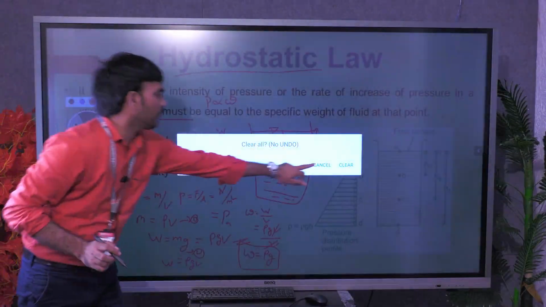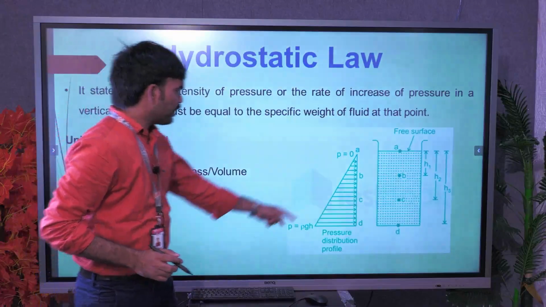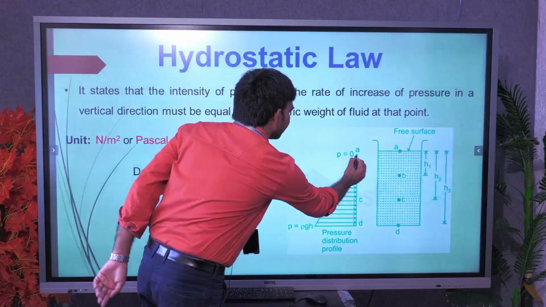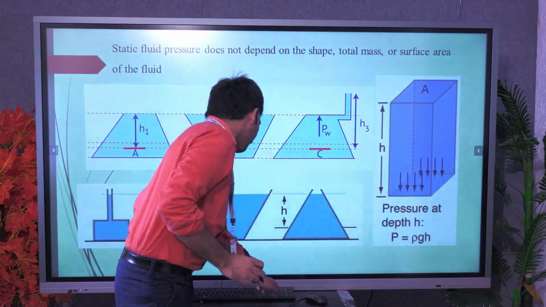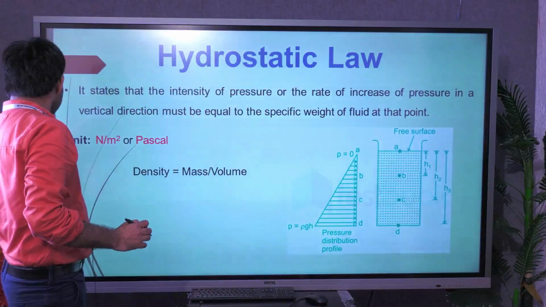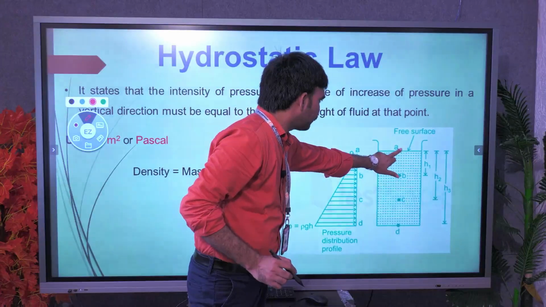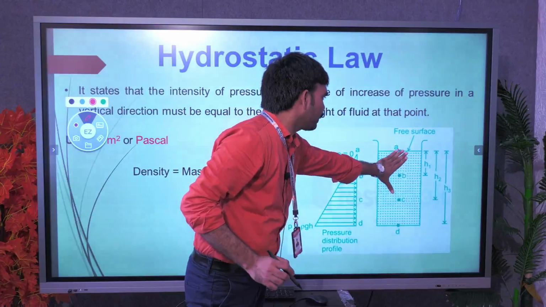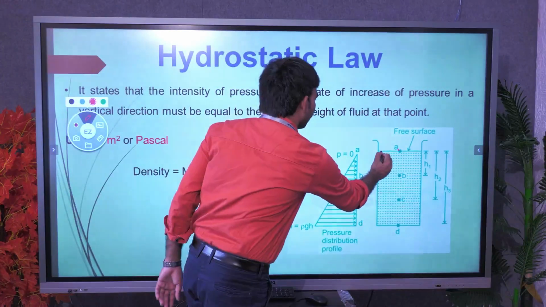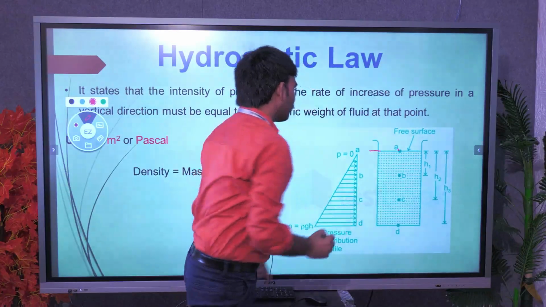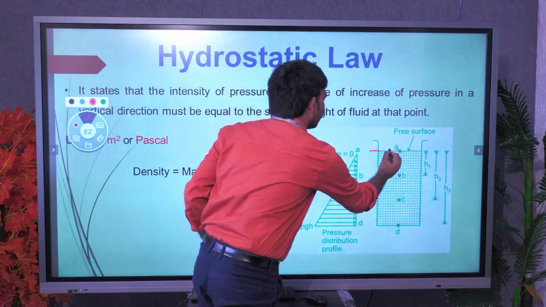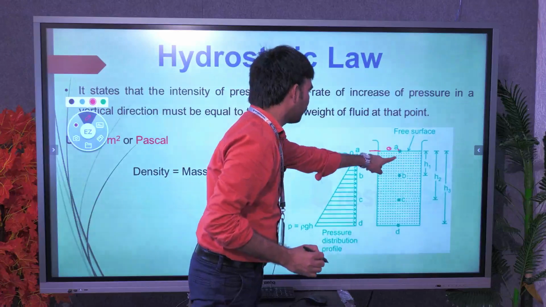If you see here, the pressure intensity at this point is 0. Why is it 0? I have taken a container which is filled with liquid. At the free surface the pressure intensity is 0. Actually there is atmospheric pressure.